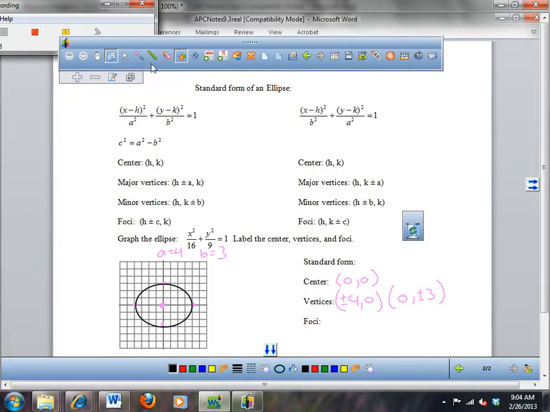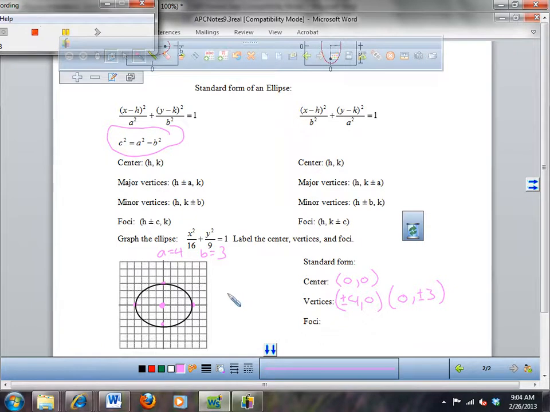Now to find my foci, I just apply this equation. All right. So I know what a squared is. A squared is right there. And so I know that c squared is going to be equal to 16 minus 9. So c squared equals 7.